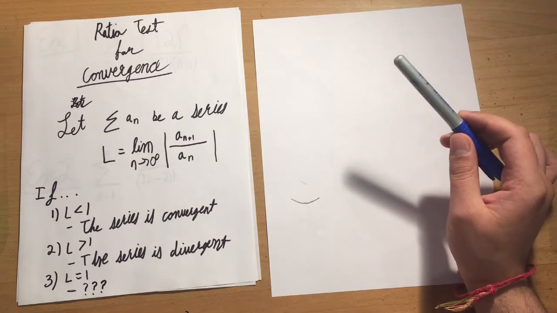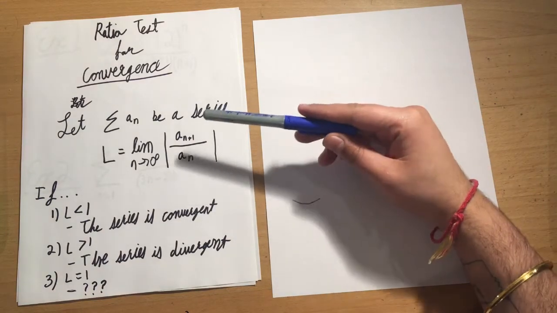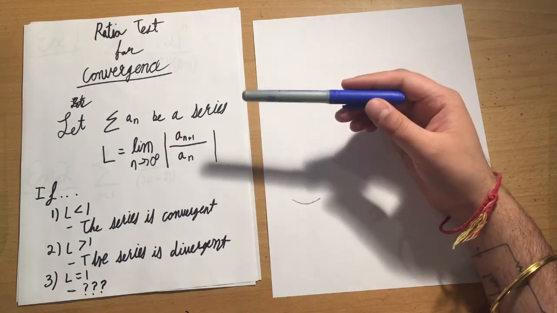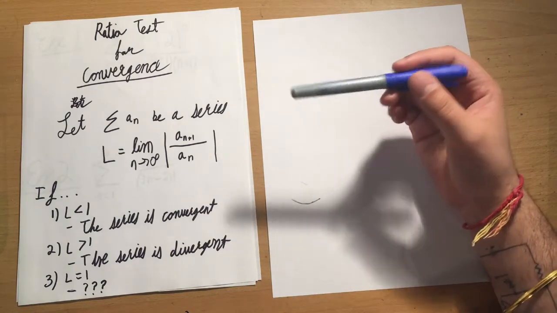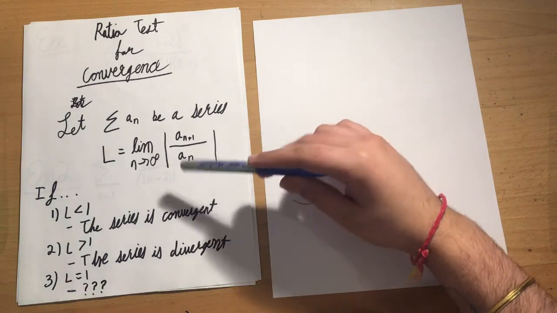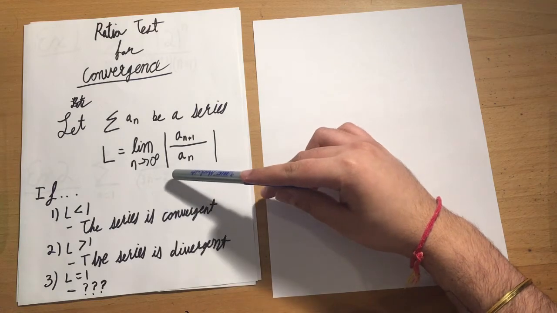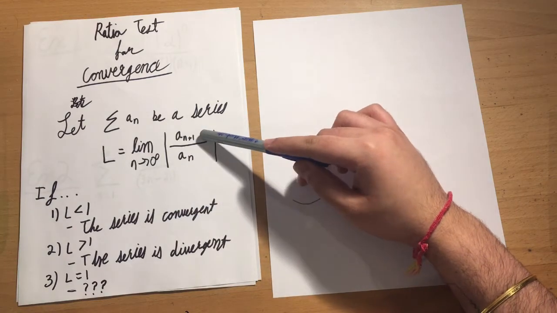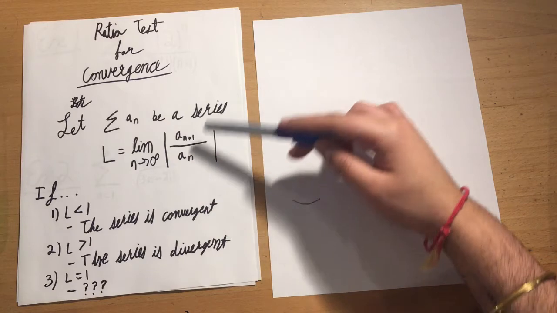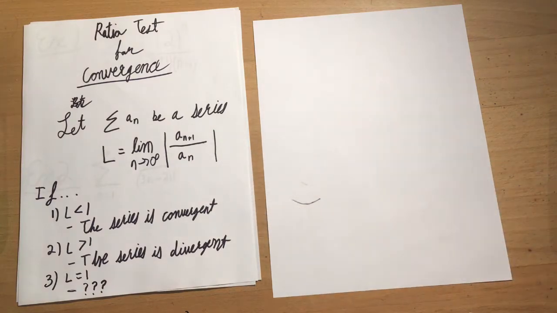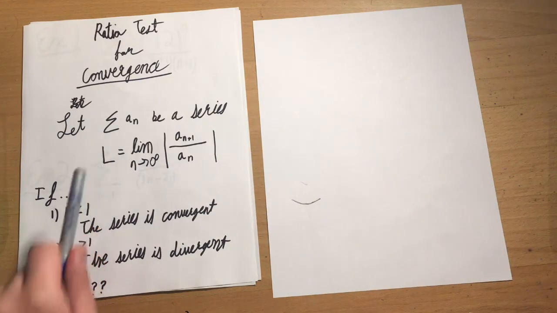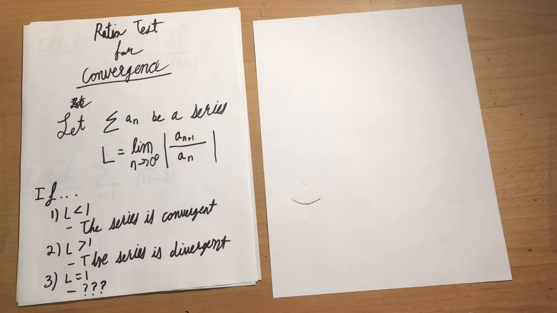So what the ratio test says is, say you have some infinite series, a of n, and we take the limit as n approaches infinity of the absolute value of a of n plus 1 over a of n. Let's set that equal to L, whatever that value may be.